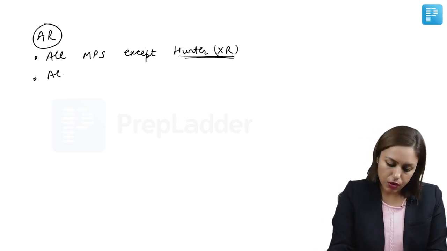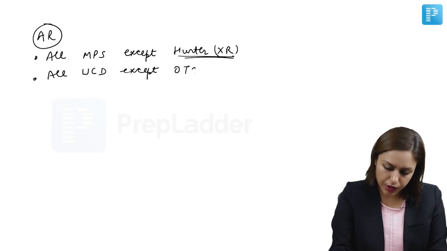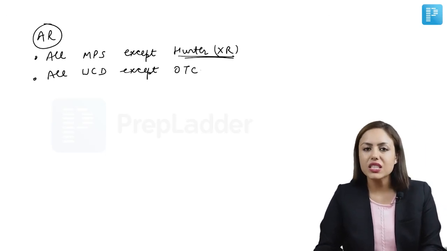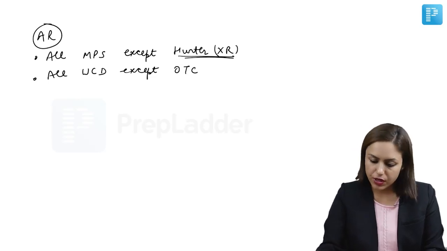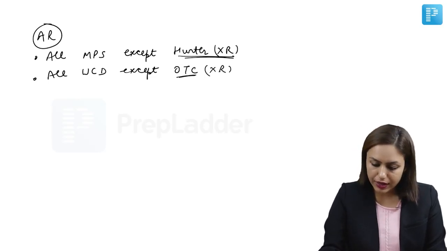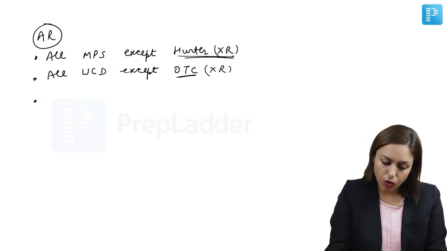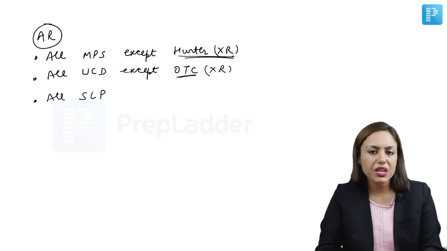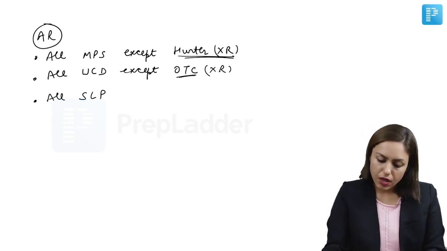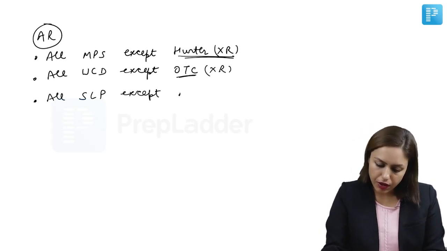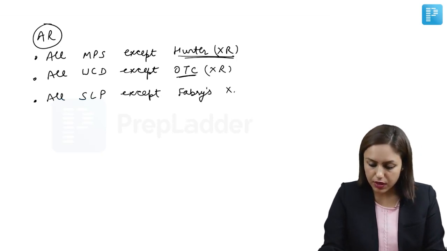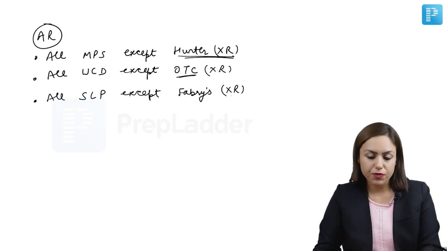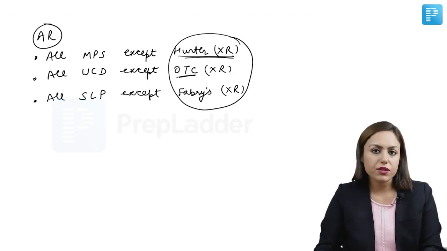Then all urea cycle disorders except OTC, that is ornithine transcarbamylase deficiency. So this is also X-linked recessive. Then we have all sphingolipidosis like Niemann-Pick disease, Gaucher disease, right? Except one, that is Fabry's disease. Okay, Fabry's disease, that is also X-linked recessive.